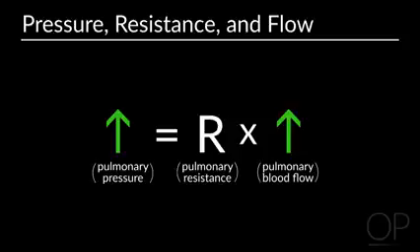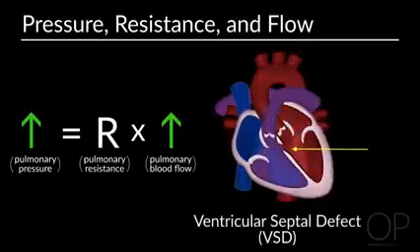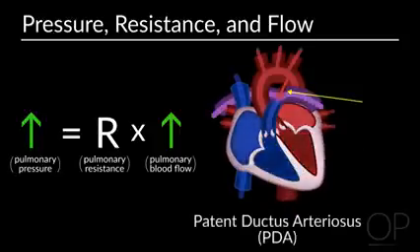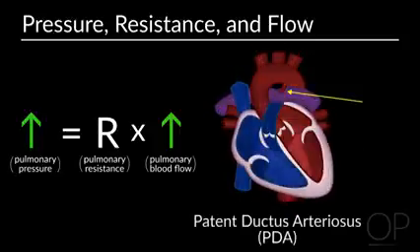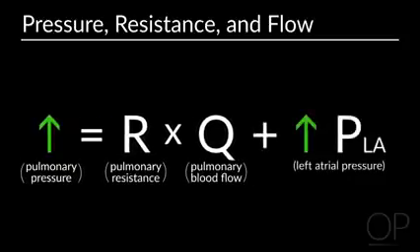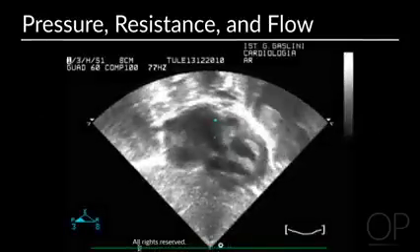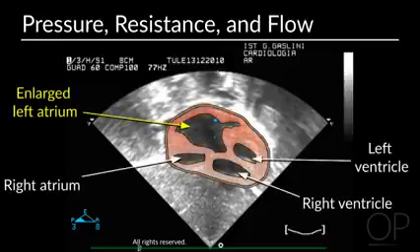This can happen in cases of pulmonary overflow, which we might see in patients with VSD, large ventricular septal defects, or in babies with a large patent ductus arteriosus. Another cause of increase in the pulmonary pressure is related to the increase of the pressures in the left atrium, which is usually associated with an obstruction to the inflow of the left ventricle, like in mitral stenosis, or can be associated with a dysfunction of the left ventricle.